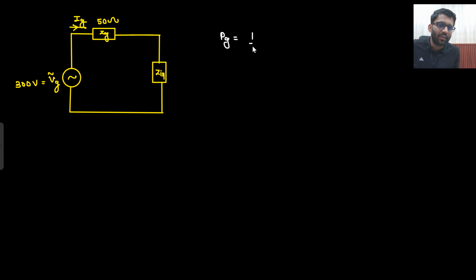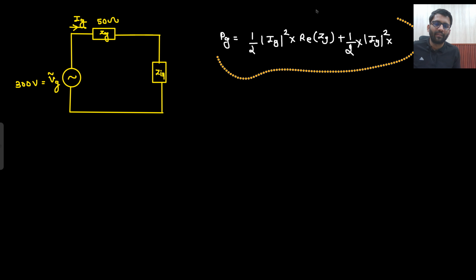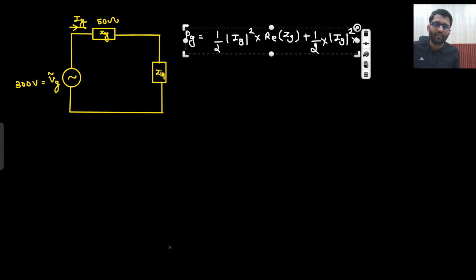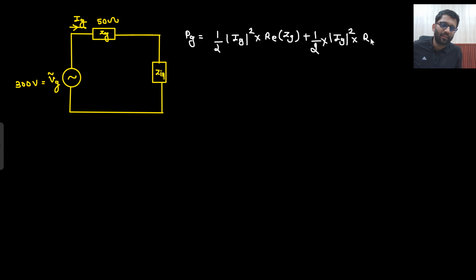What would that be? Half of mod of Ig square into the real part of Zg plus half of mod of Ig square into the real part of Zin. So complete real part only there.